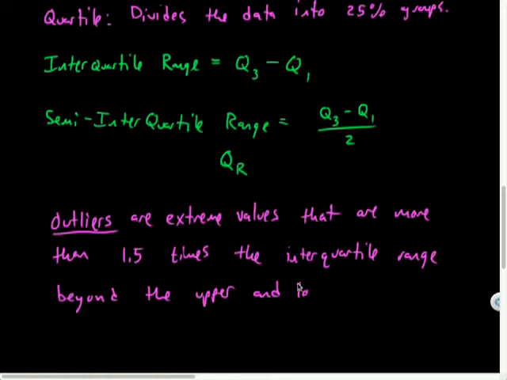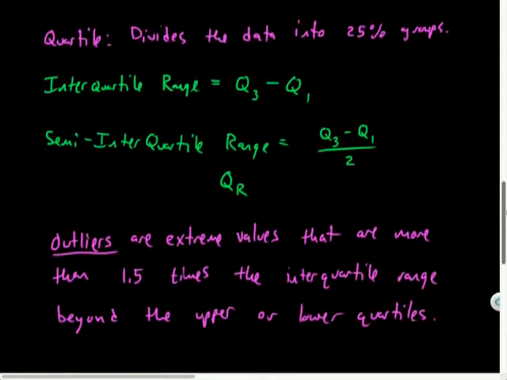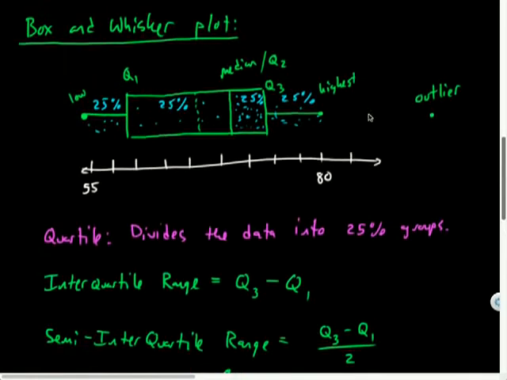Or upper or lower, I guess, technically, because it won't be both. So for this problem, with this little visual I have, let's say my Q1 exists at maybe 63 and Q3 exists at 72.